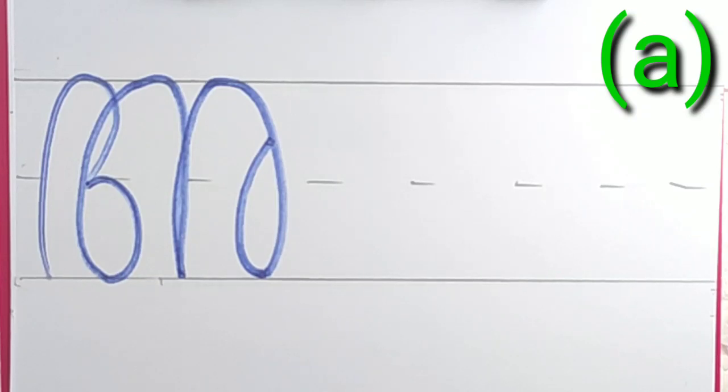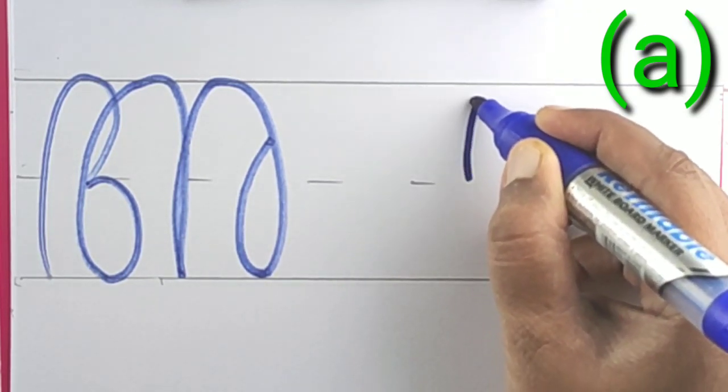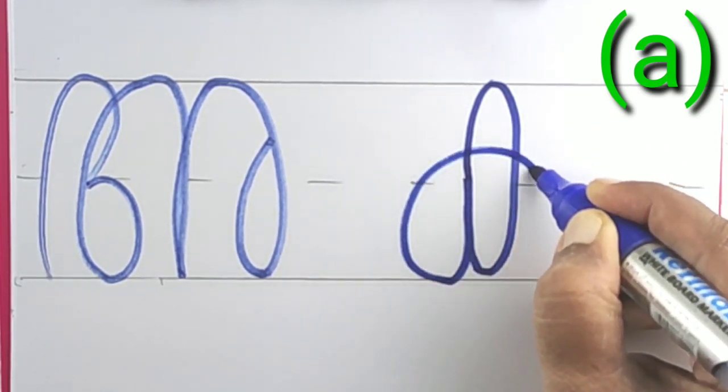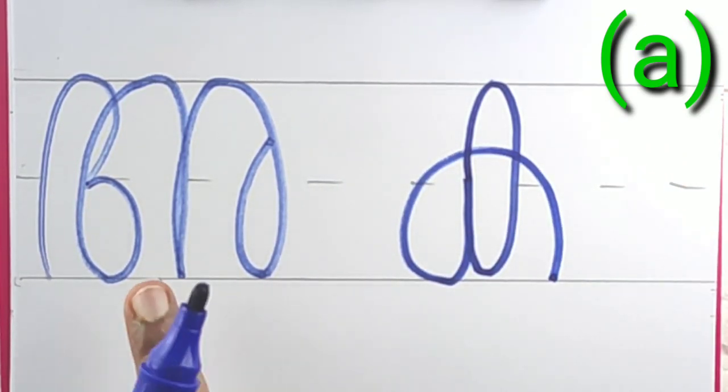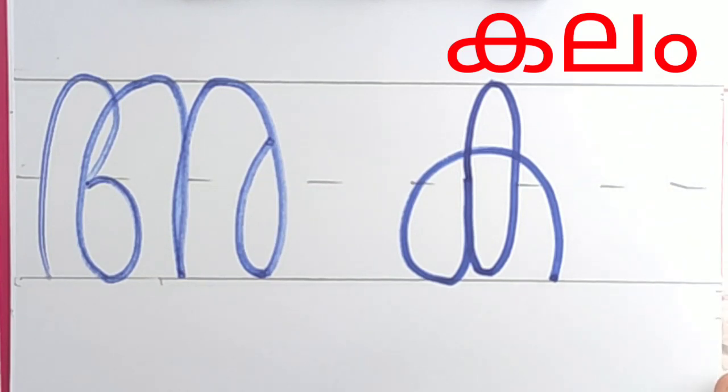Let's use Ka as an example for this exercise. So we'll write Ka. For the A sound, we can write just the consonant only. Ka as in kalam. Kalam means pot.